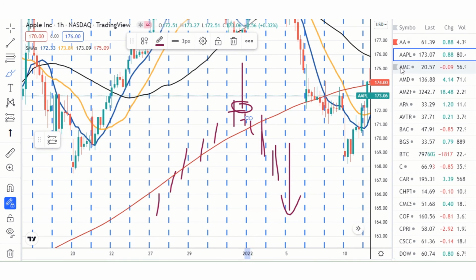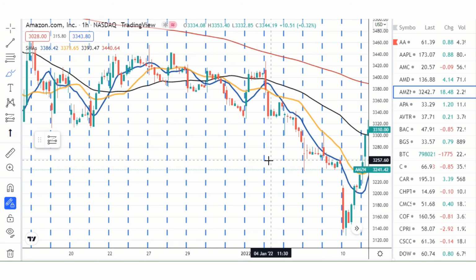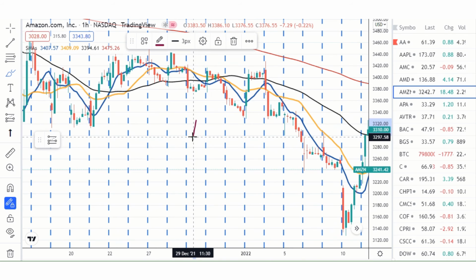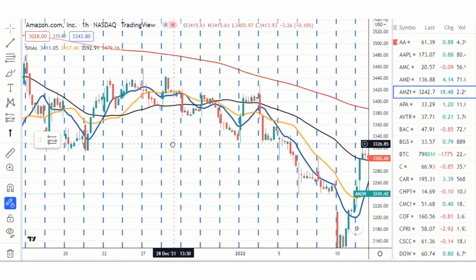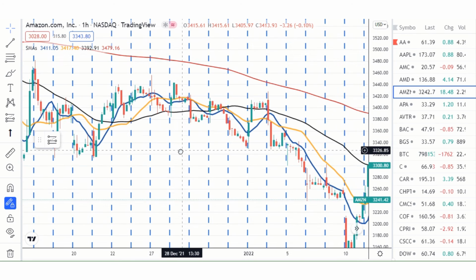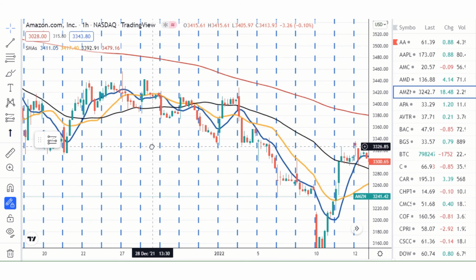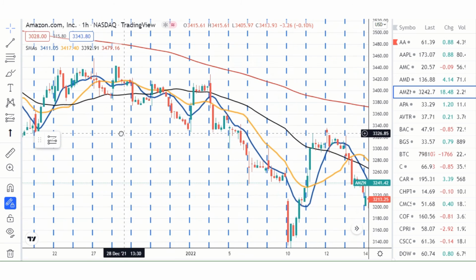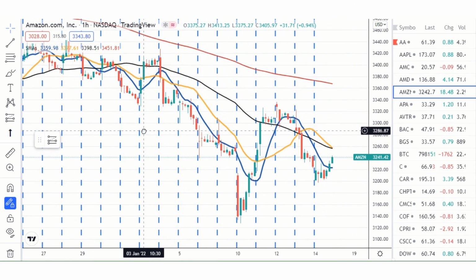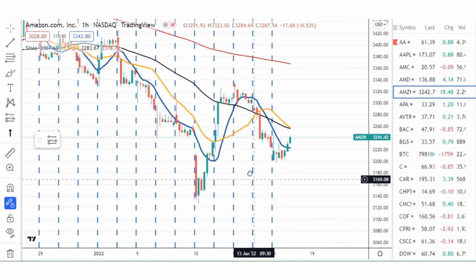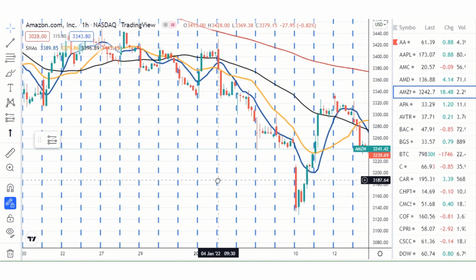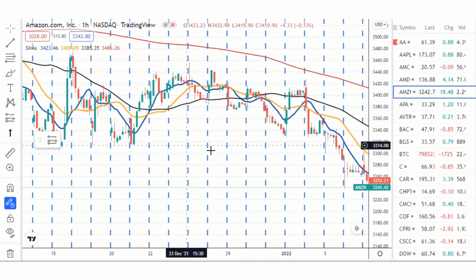Okay, let's go to Amazon. Maybe we can find some there to look at. We're looking for either an evening star or a morning star. I think those are the easiest terms to remember. Let's look this way.